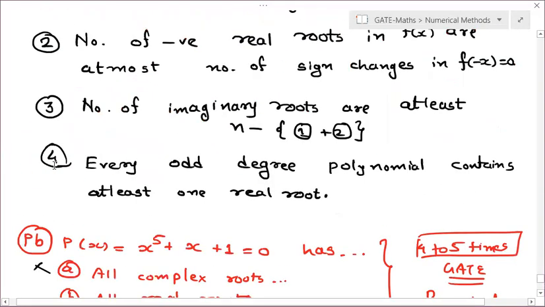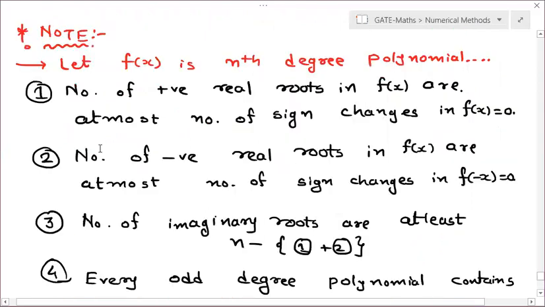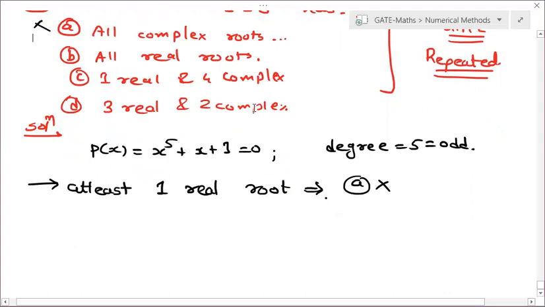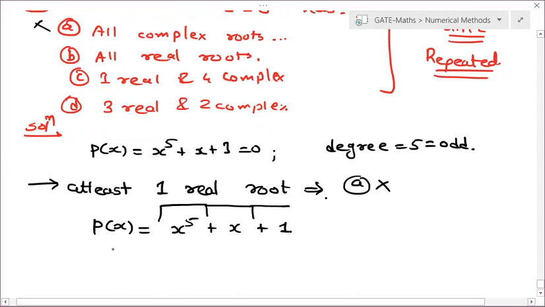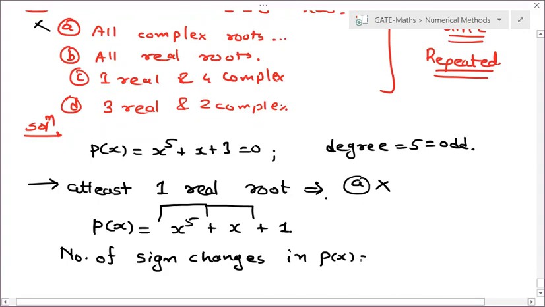Now first condition, the number of positive real roots in f of x are at most the number of sign changes in f of x equal to 0. So how many sign changes are here in p of x, x to the power 5 plus x plus 1? Its signs are all plus. From plus to plus, no change. Plus to plus, no change. So the number of sign changes in p of x is 0.